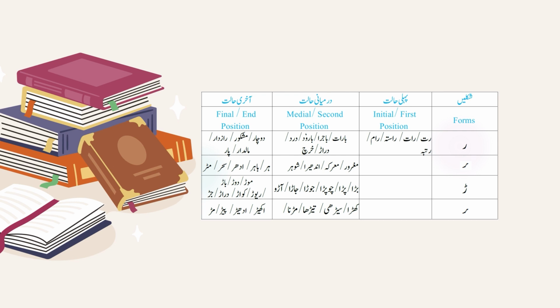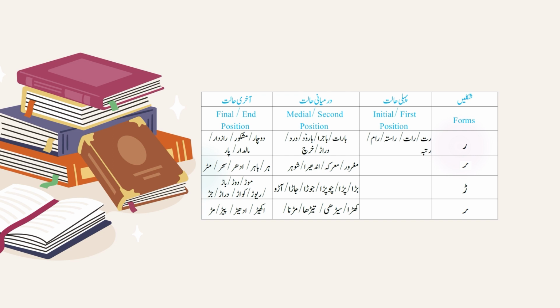When it is used in its full form, it works with all three positions: first, second and final position. But when it is used in short form, it only works with medial and final position. This is the concept behind this.